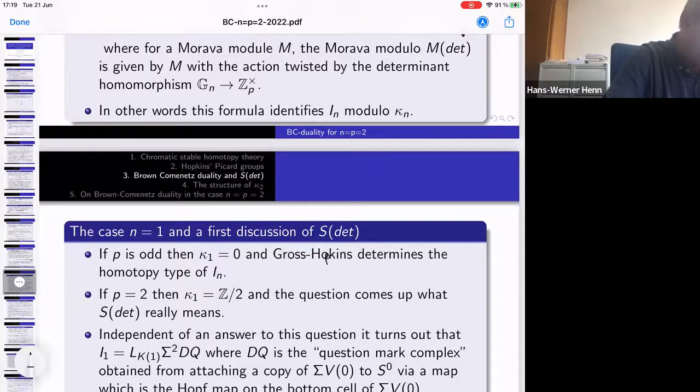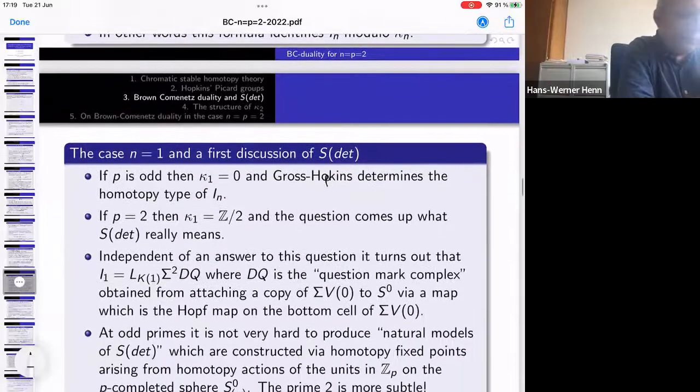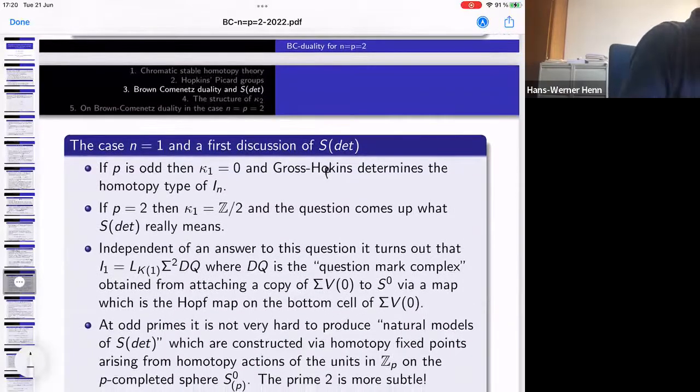Well, independent of an answer to this question, it turns out that I_1 is the K(1)-localization of a certain finite complex, which is usually called the question mark complex, or the dual of the question mark complex. So it's a 3-cell complex whose Steenrod module structure is given by that.